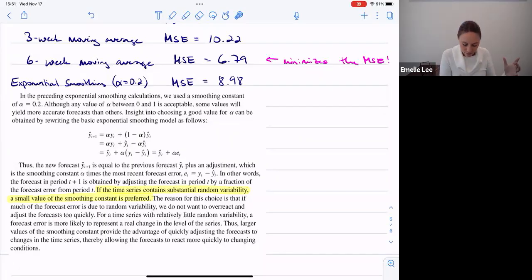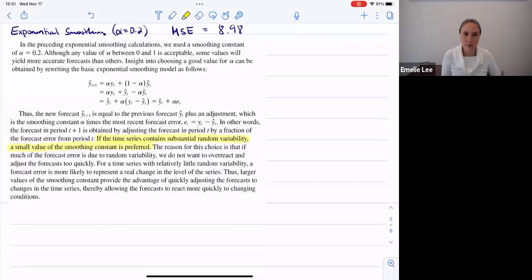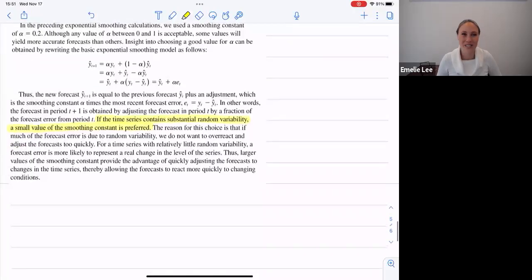However, if you have relatively little random variability, there's always going to be some, but if you have kind of steady activity with not a ton of variability, then you want to pick up on a forecasting error. A larger forecasting error should be like, whoa, what's going on here? What's happening? Kind of an 'all hands at headquarters' type of deal.